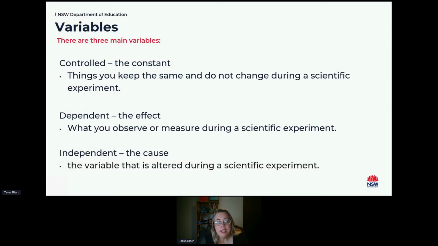We really wanted to make sure that they understood the difference between the dependent variable, so the effect, and the independent variable, which was the cause. And often teachers in our primary area complete experiments, but do not explain the 3 variables. It's not until high school that you actually start looking at those variables. So we were starting to bring in something that the students hadn't done before.